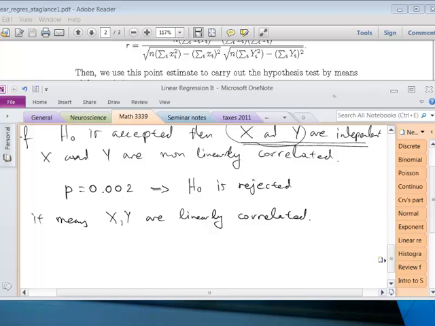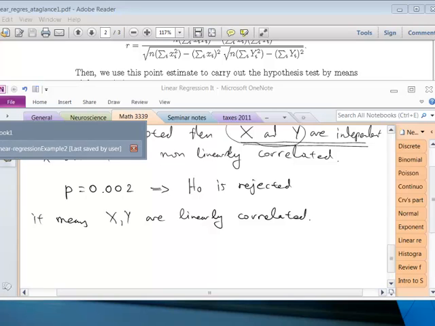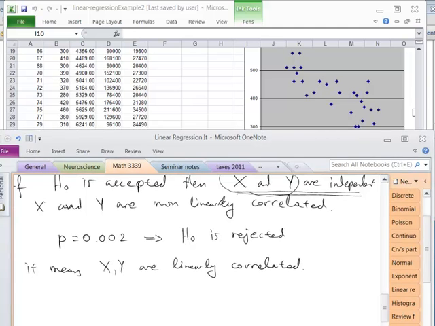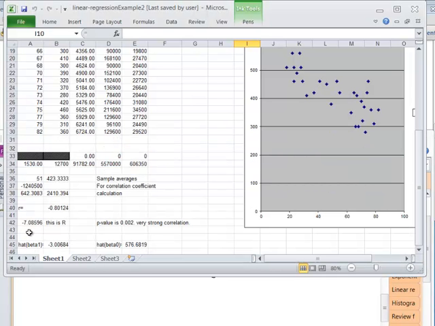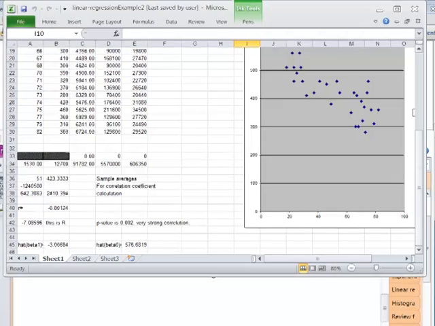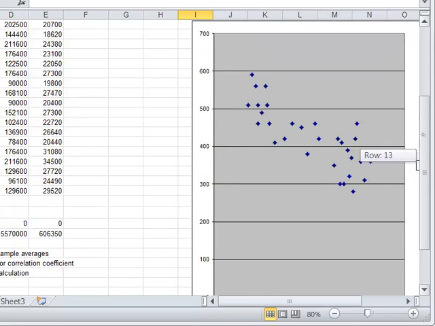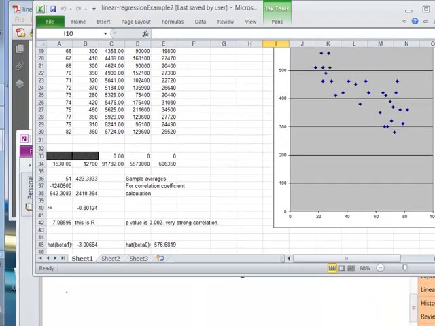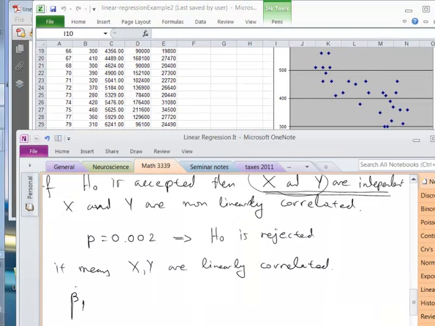Now, as we mentioned so far, if we look at our Excel file, the correlation coefficient is actually negative 0.8. And if we look at the values of the intercepts, I think we have them here. One is negative 3, so beta 1 hat is negative 3.0.